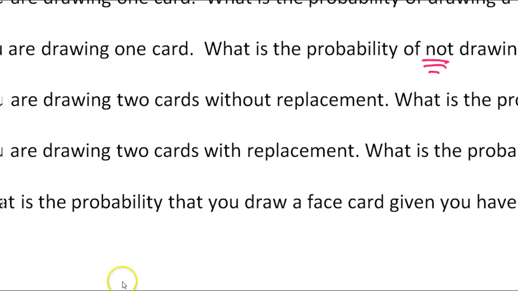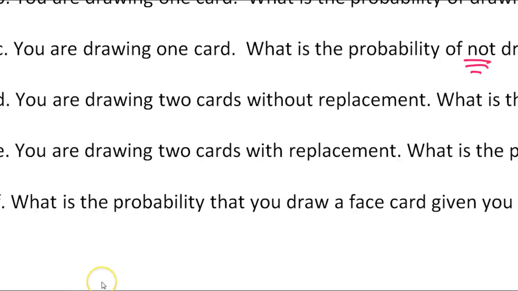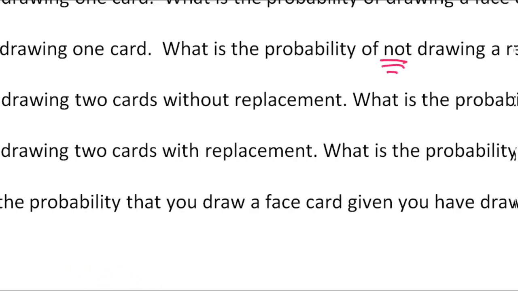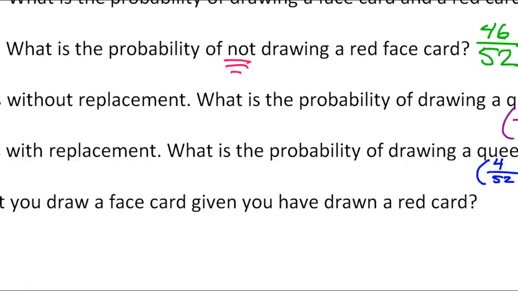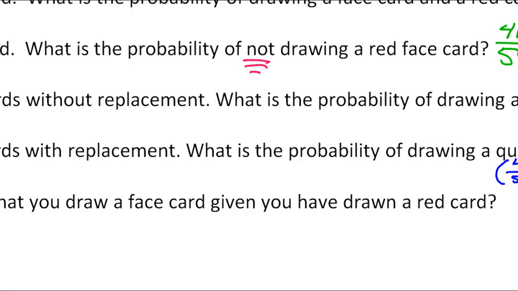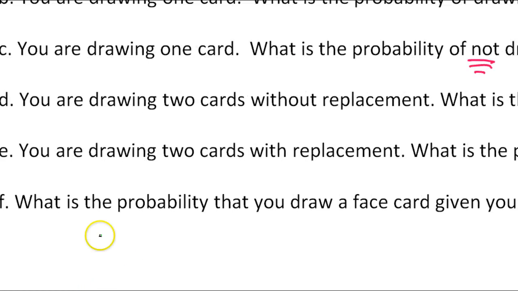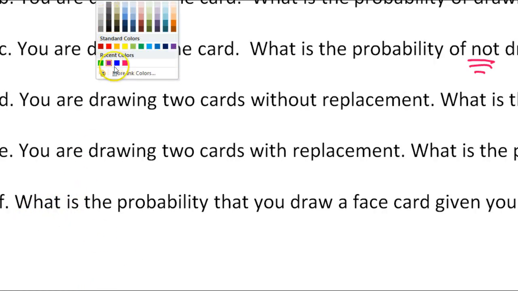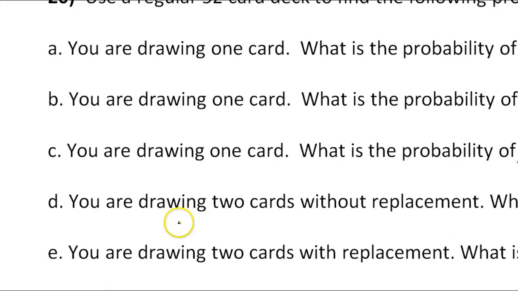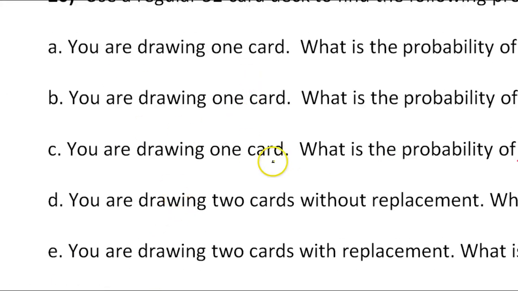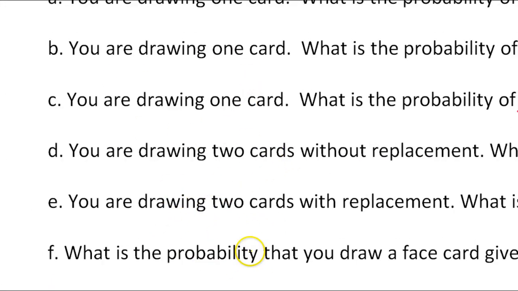Alright, last one. What is the probability that you draw a face card given that you have drawn a red card? Okay, and I'd like to add on to this to make it clear, because in all these other questions we said you're drawing 1 card, you're drawing 1 card, you're drawing 2 cards, you're drawing 2 cards.